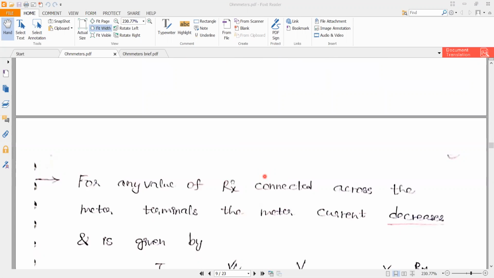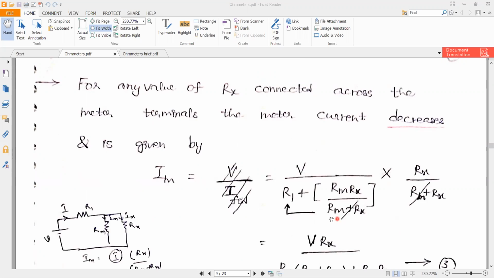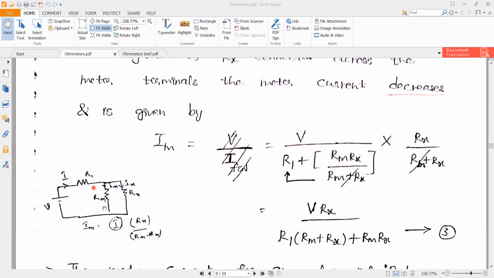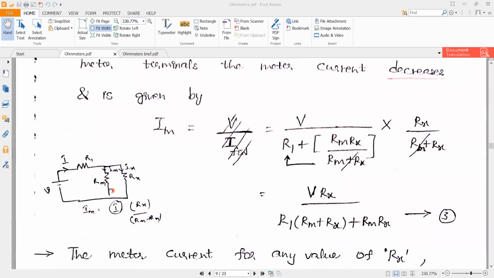Then for any value of Rx connected across the meter terminals, the meter current decreases, and it is given by the meter current Im. For example, this is the circuit, and the meter is placed like this. Therefore, meter current Im is equal to the total flow of current I into the opposite resistance Rx by the total resistance Rx plus Rm.